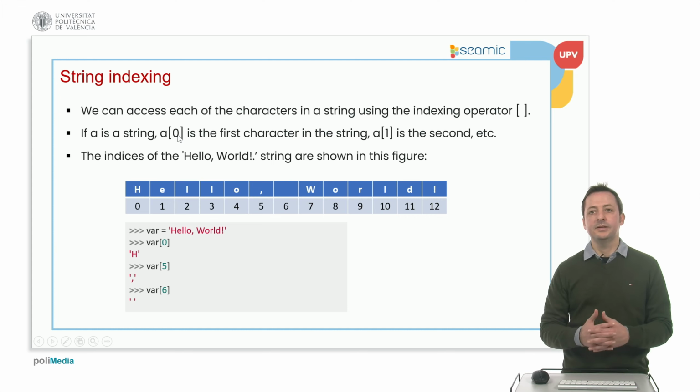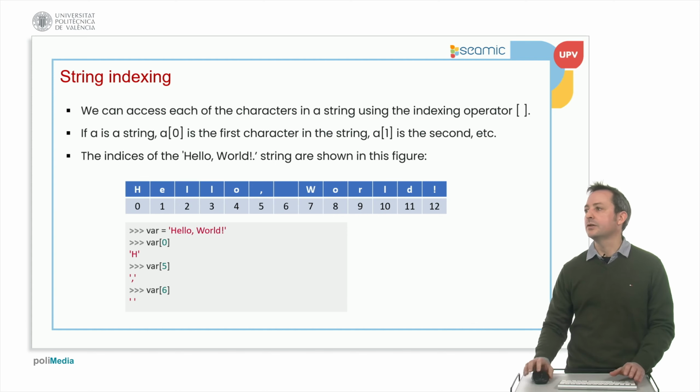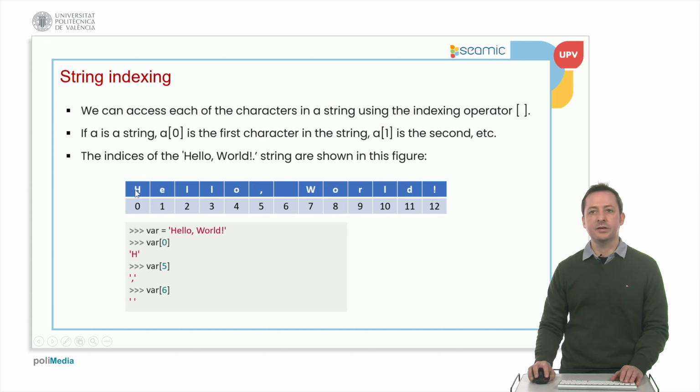Take into account that in computer science, the positions usually start from 0 instead of 1. So the very first position of a string is position 0. So this will show the character at position 0, in this case, H. In the same way, the character at position 1 is E, and so on.